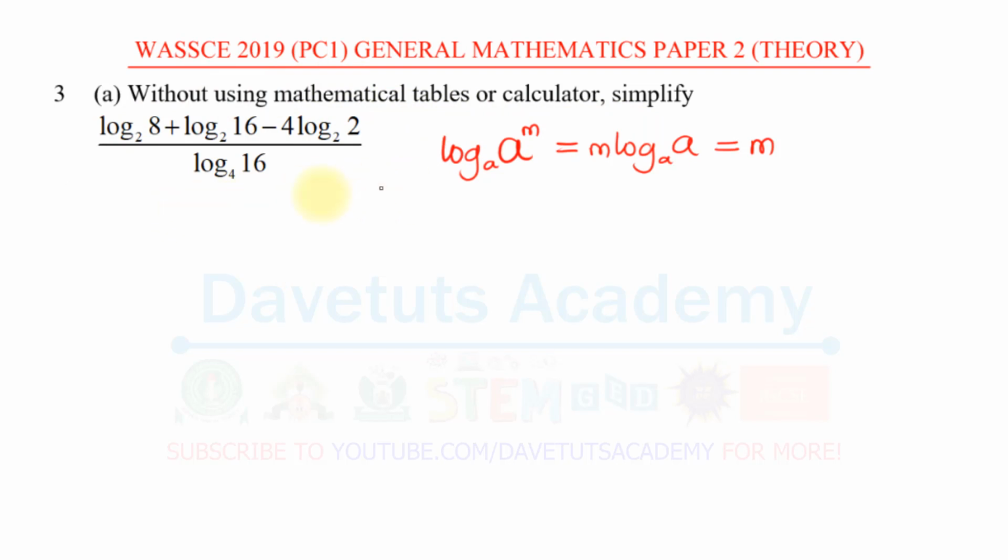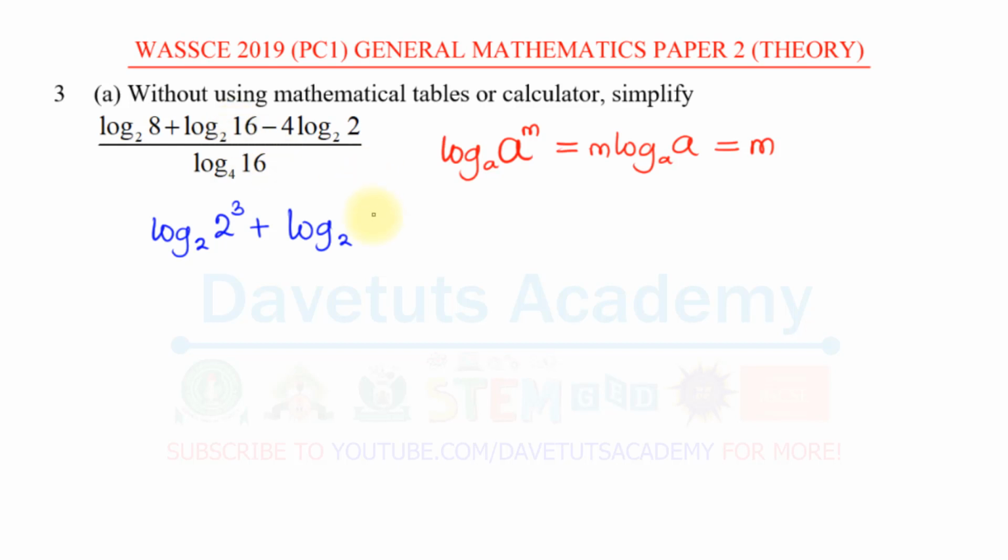Let's solve this. We are going to have log to base 2 of 8 is the same as log to base 2 of 2 raised to power 3, because 8 is 2 raised to power 3. Then plus log to base 2 of 16 will be log to base 2 of 2 raised to power 4, because 16 is 2 multiplied by 2 in 4 places.